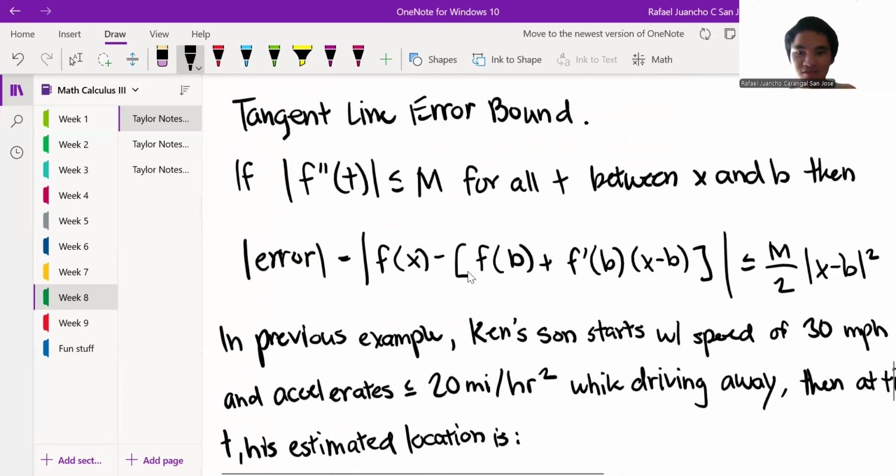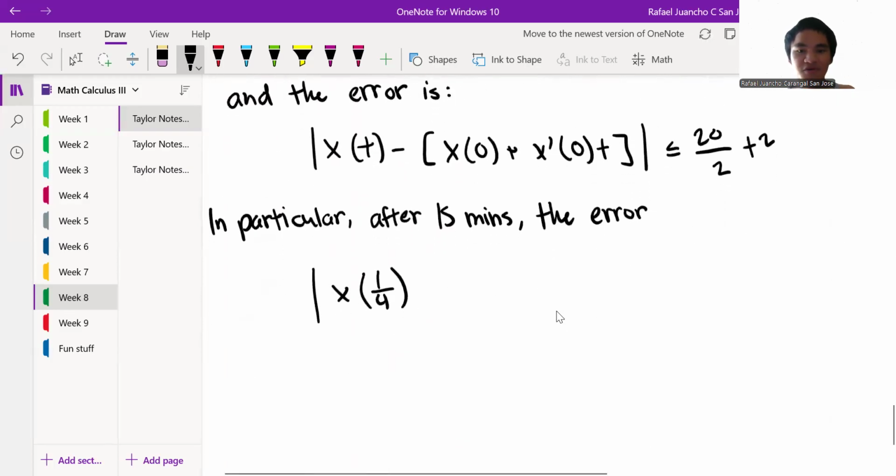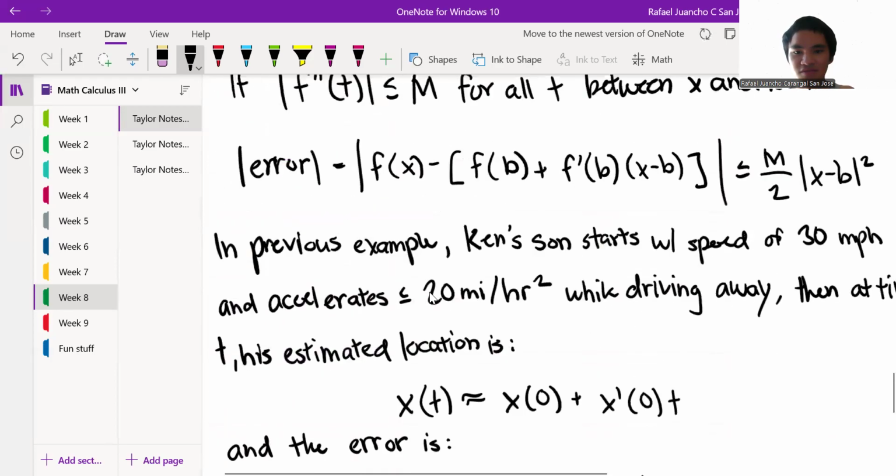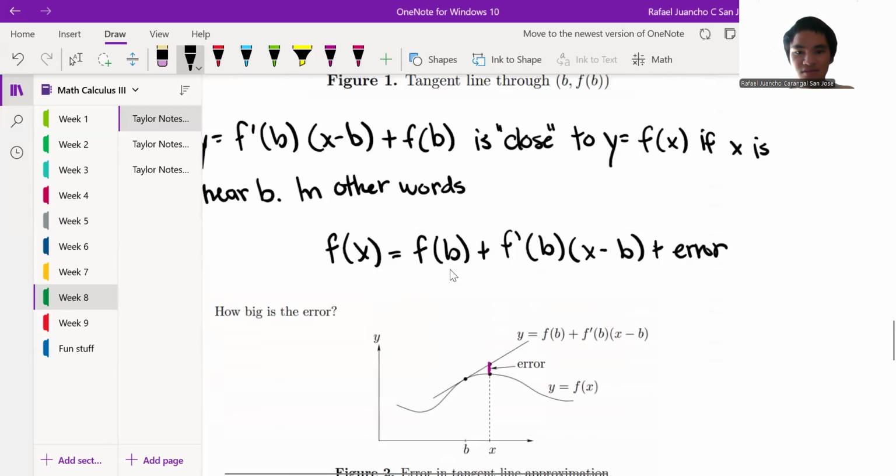So we plug it in by hour, 1/4. And then this is minus x of 0. What is this? So he started off x of 0. What was the distance? Oh, shoot.